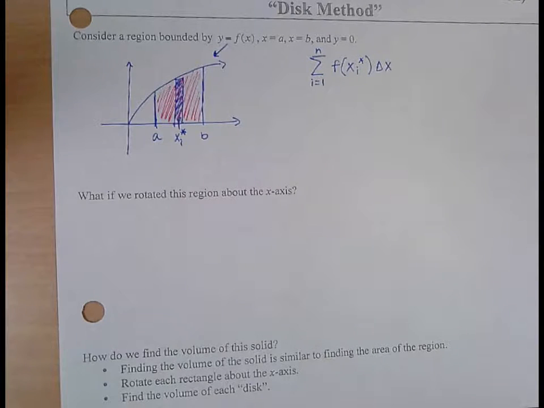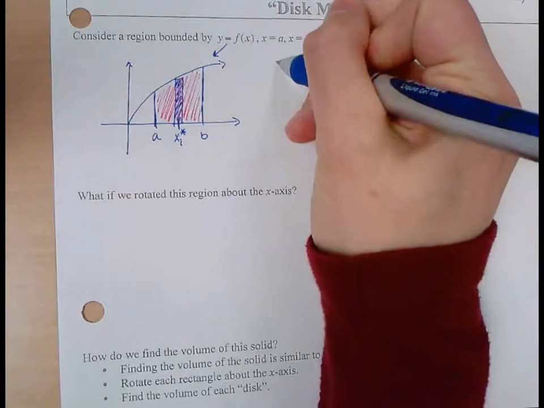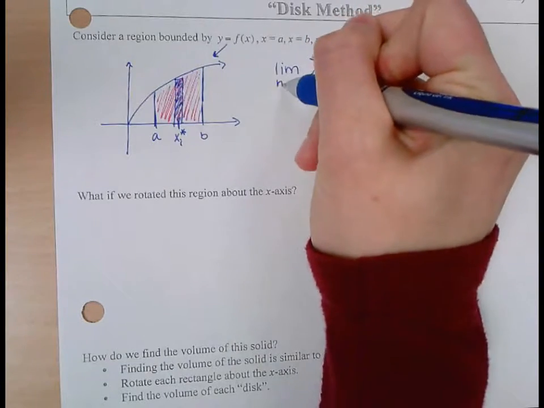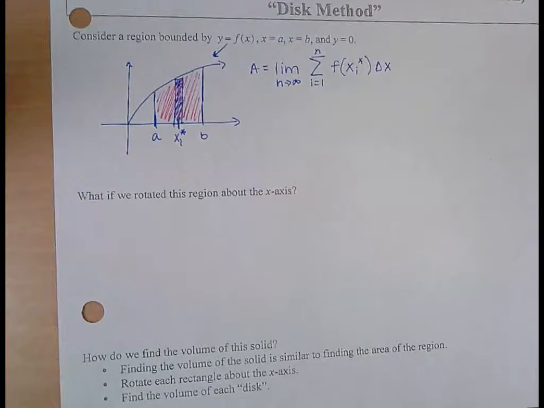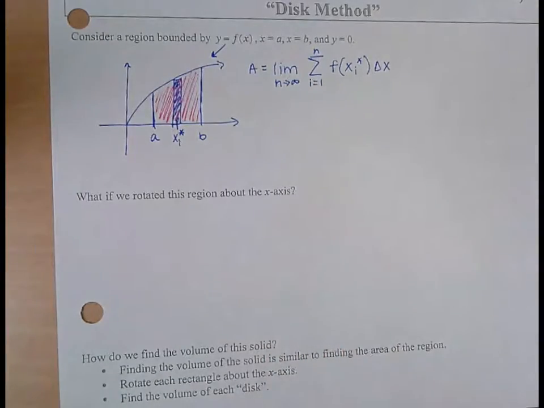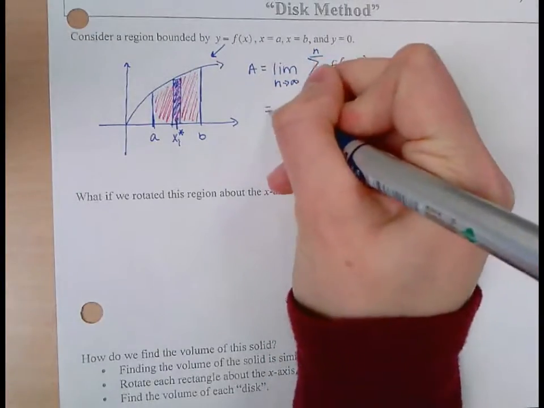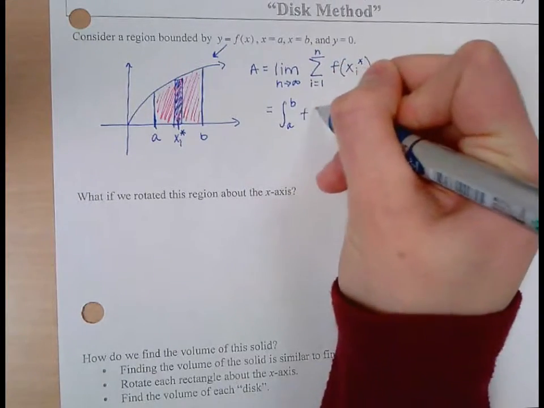And then we said, really, to get the exact area, you have to let the number of rectangles become more and more or approach infinity. So we took the limit of this Riemann sum as n approached infinity, and that was the exact area under the curve from a to b. And then we said this limit is what was defined to be an integral. So therefore, this was equal to the integral from a to b of f of x dx.